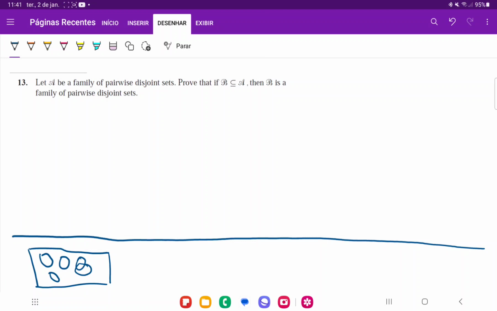However, this family is not pairwise disjoint because these two have stuff in common. So we're dealing with a family where for every single pair of sets, none of them intersect, right? So let me just write here the definition.